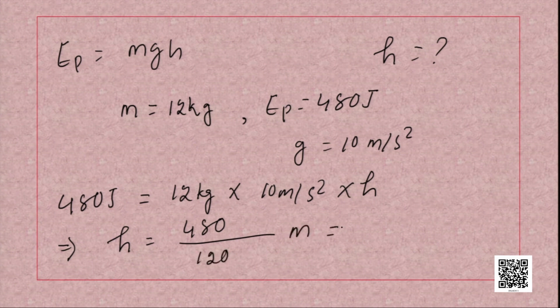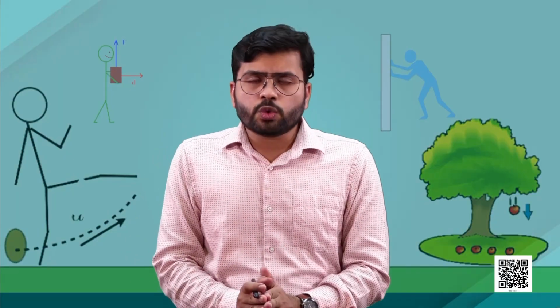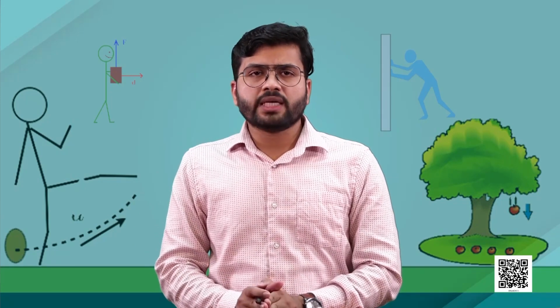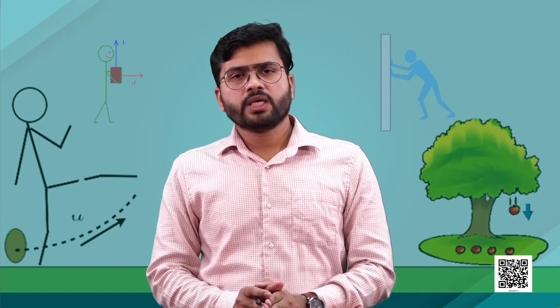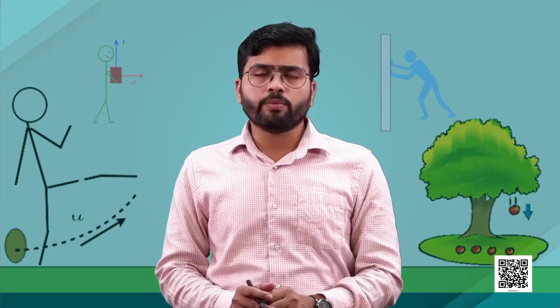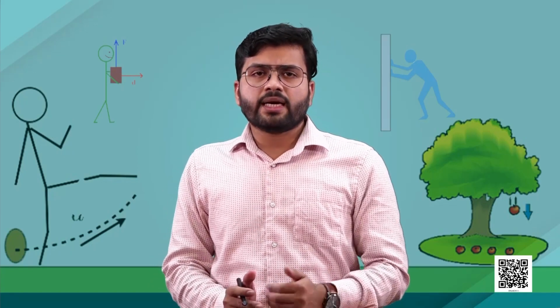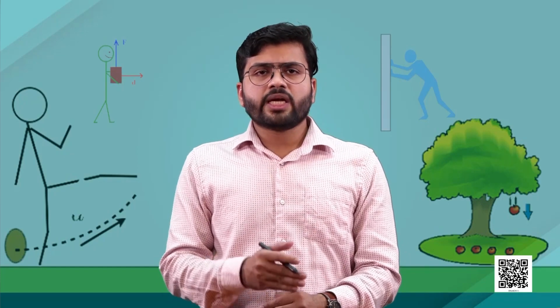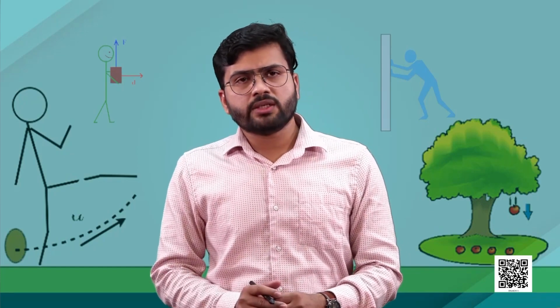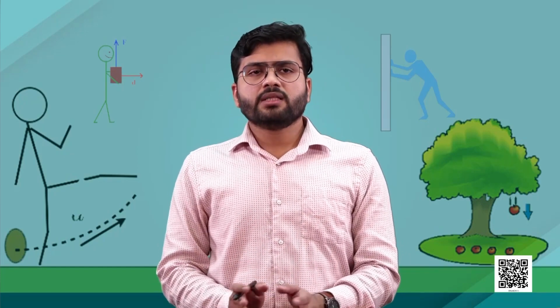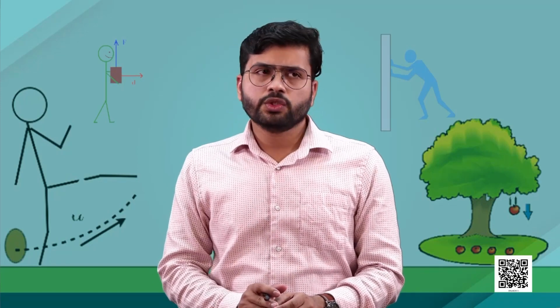So, if you see, the answer will come as 4 meter. That means the result shows us, if an object of mass 12 kilogram is raised to a height of 4 meter, then the work done against the gravity will get transferred as the potential energy in that object, and the value will be 480 joule.